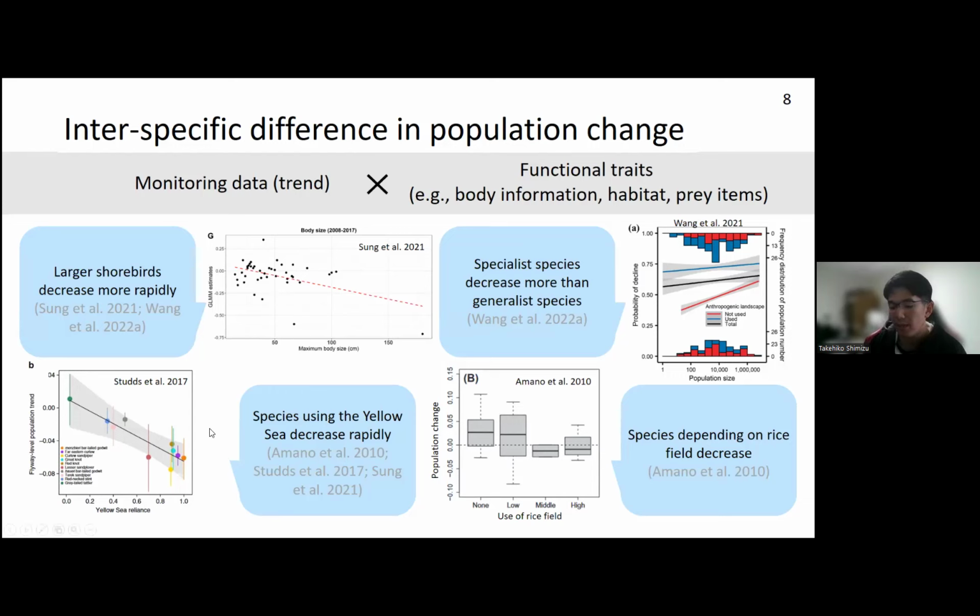Thirdly, this is the most famous knowledge, the species relying on the Yellow Sea decrease rapidly. And finally, species depending on rice fields decrease more in Japan. So like this, we have some partial knowledge on the interspecific differences in trend, but it is still under discussion, and we should understand it more comprehensively and in an integrated way.